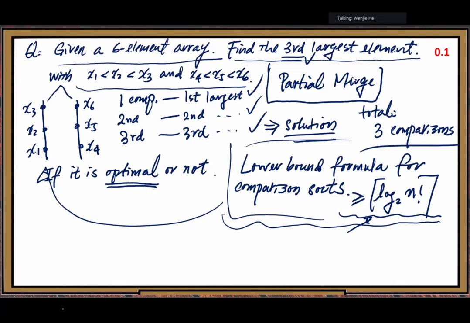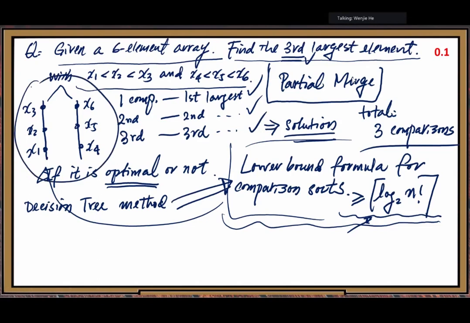Because we used the decision tree method to derive this lower bound formula, and now our data is slightly different, we need to modify our decision tree.